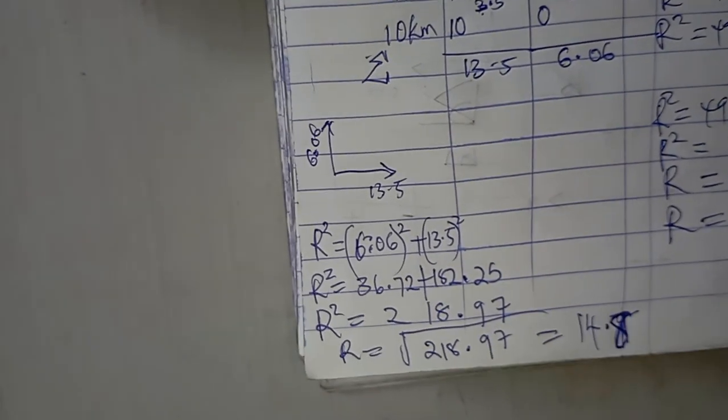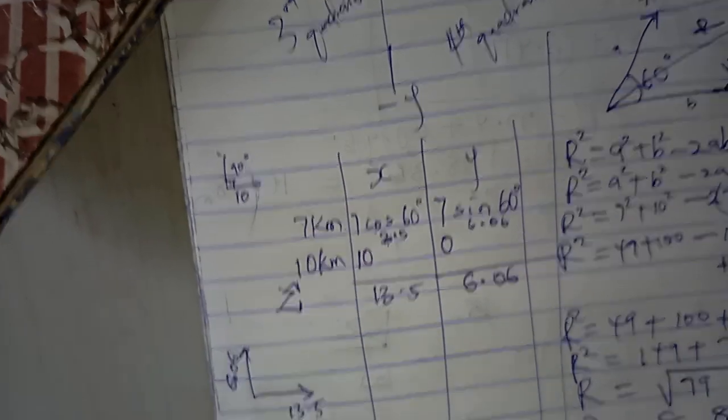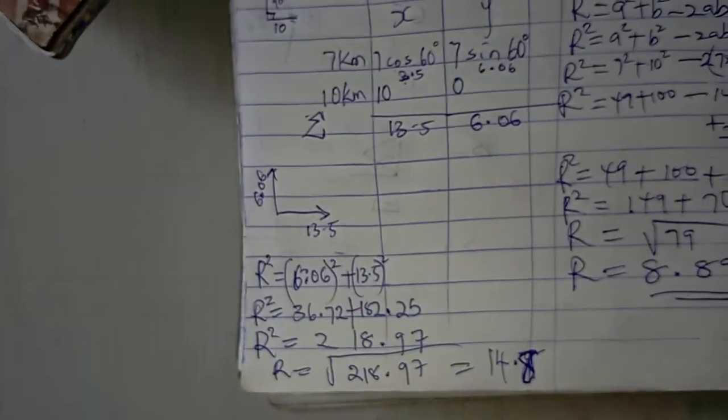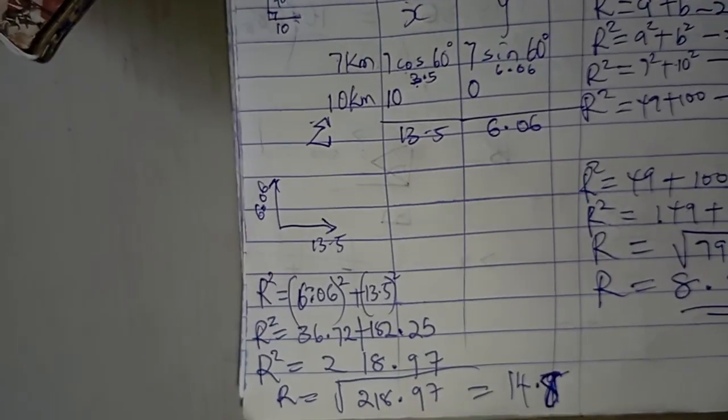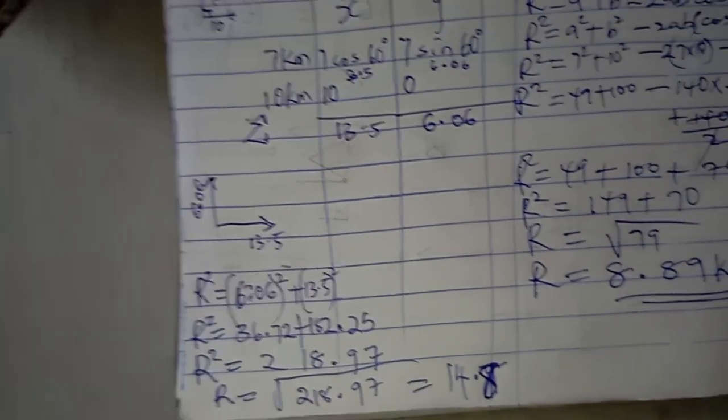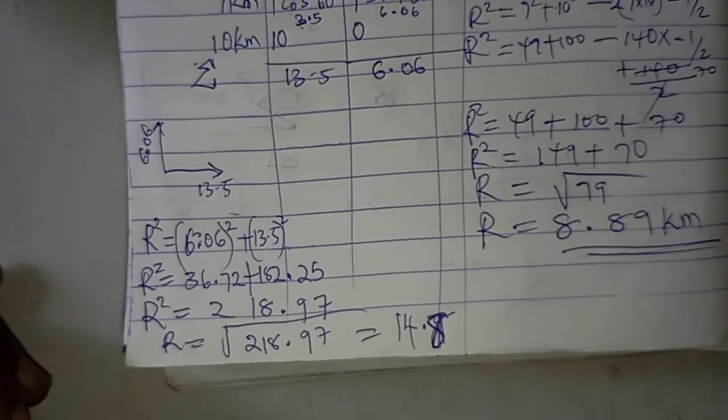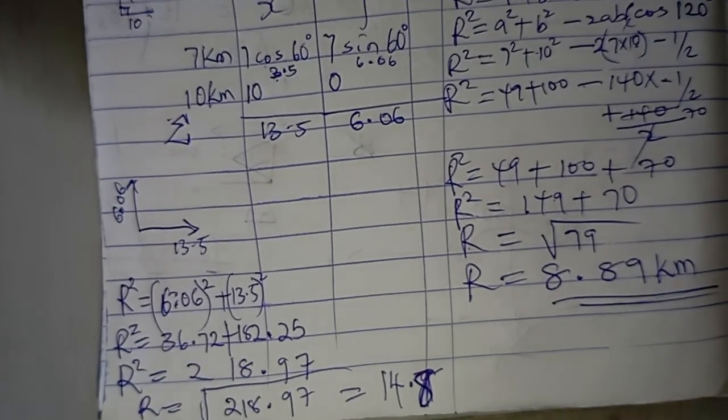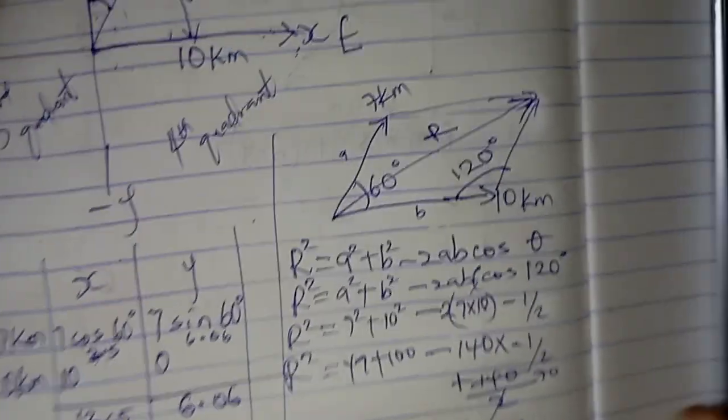We get 14.8 as our r. So 14.8 as our answer. So let's check where we went wrong.